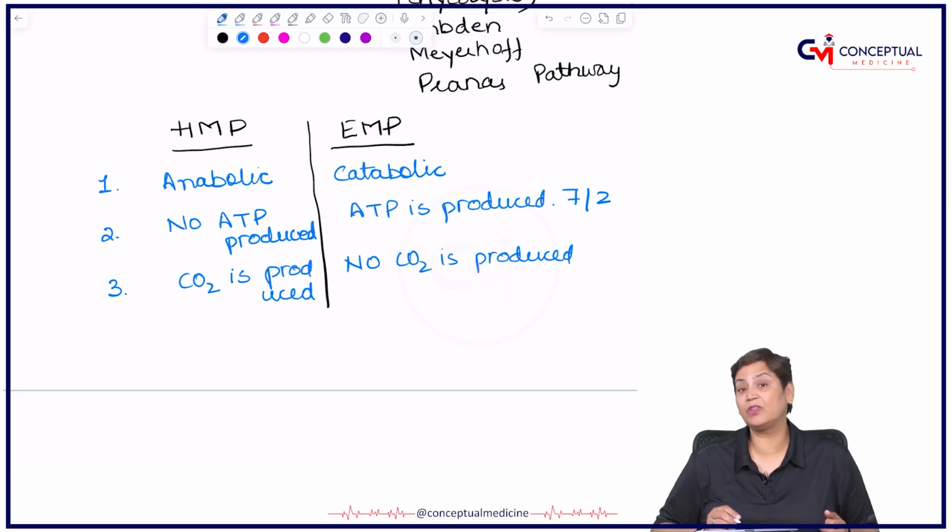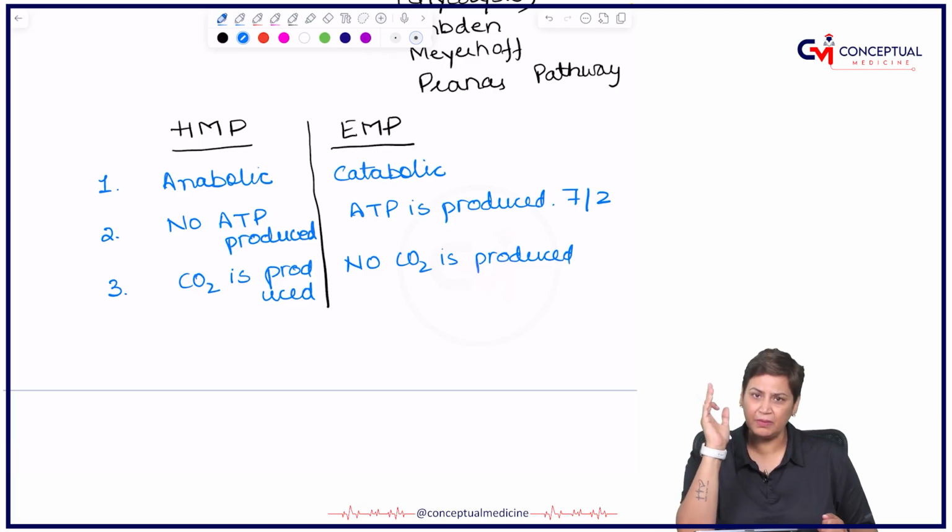Sometimes if the question is asked like this, write a short note on EMP, out of excitement one knows that MP is there, then you'll start writing about HMP. No, there is a difference. EMP is glycolysis, which is altogether a different process. And HMP is a shunt, which is altogether a different process, which is strictly anabolic.